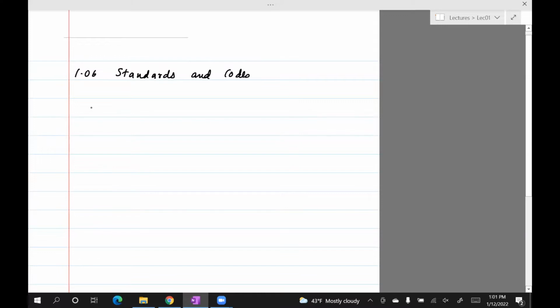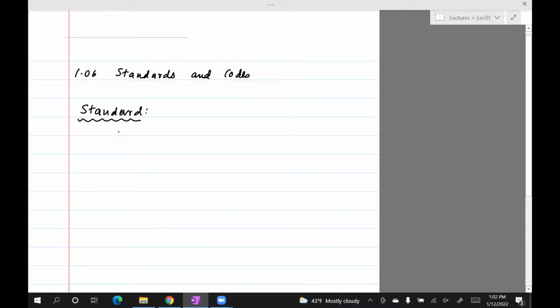Okay, so a standard is essentially a specification for either materials, parts, or processes. And the reason why we want to standardize things is because we want to reduce the variability. And once we reduce the variability, things become easy to mass produce.